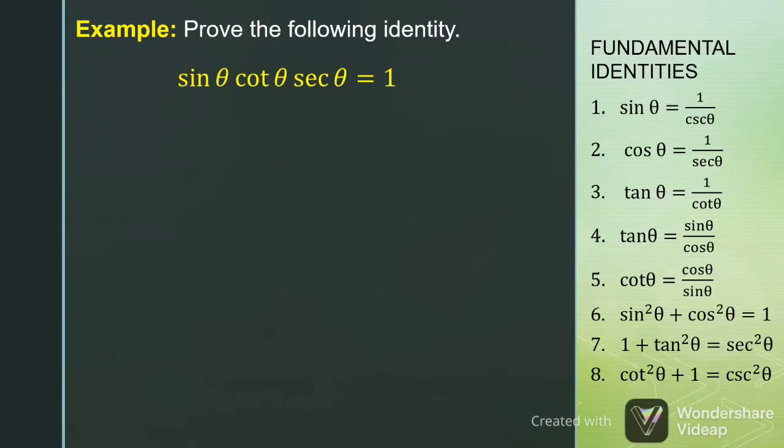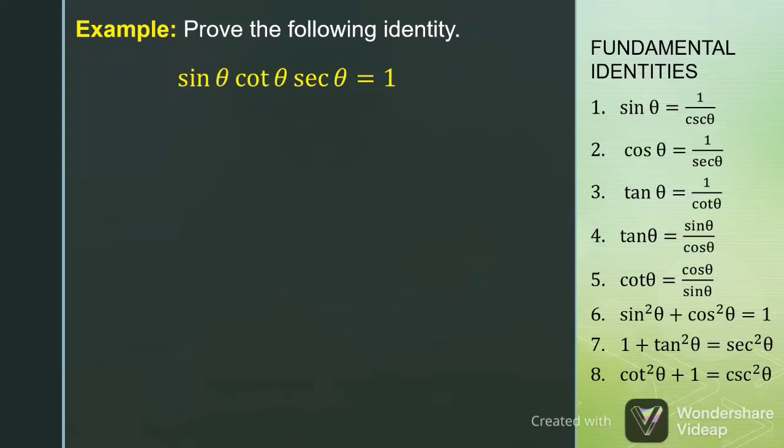Okay, what if we are going to prove that the given equation is an identity? What are we going to do? There are three common steps. First, manipulate the left side to make it similar to the right side. Secondly, manipulate the right side to make it similar to the left side, or manipulate both sides to make them the same or similar.